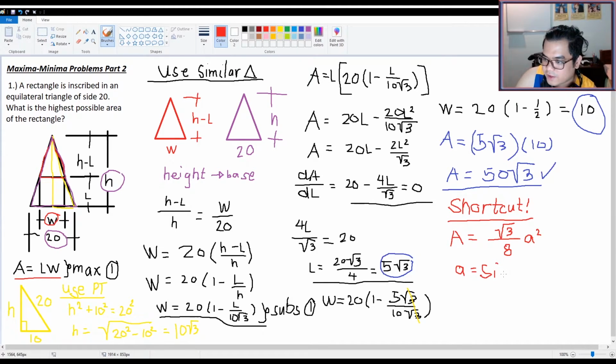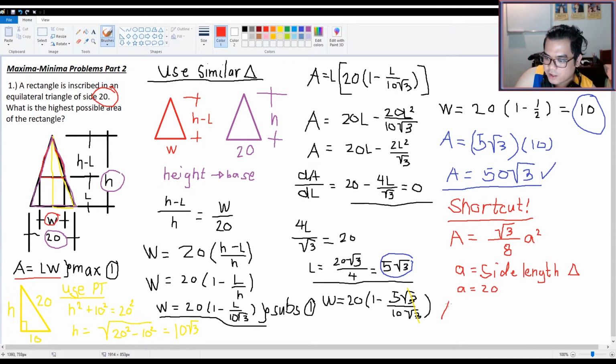Okay, so this is the side length of the triangle. Therefore, applying this formula or shortcut, a here will be equal to 20. It's already given. Here it's 20.